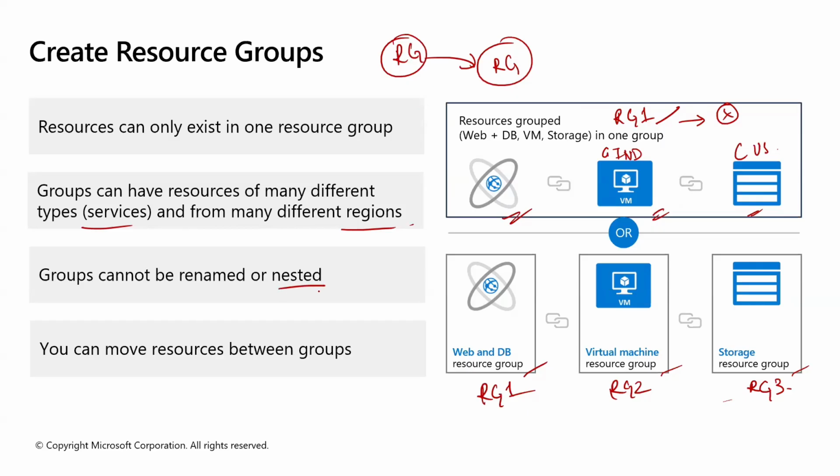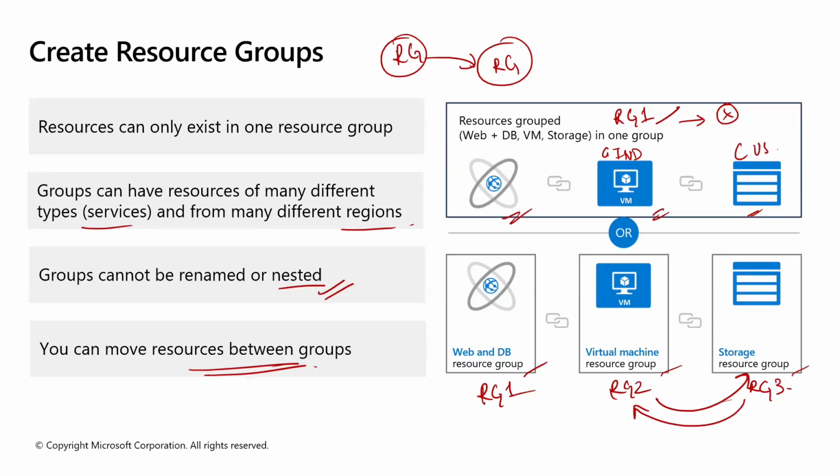That is what we mean here when we say nested. So RGs cannot be nested or renamed. But it is possible to move your resources between your groups. Let's say you want to move this virtual machine from RG2 to RG3 after deployment, you can do that. If you want to move the storage account from RG3 to RG2, absolutely you can do that.